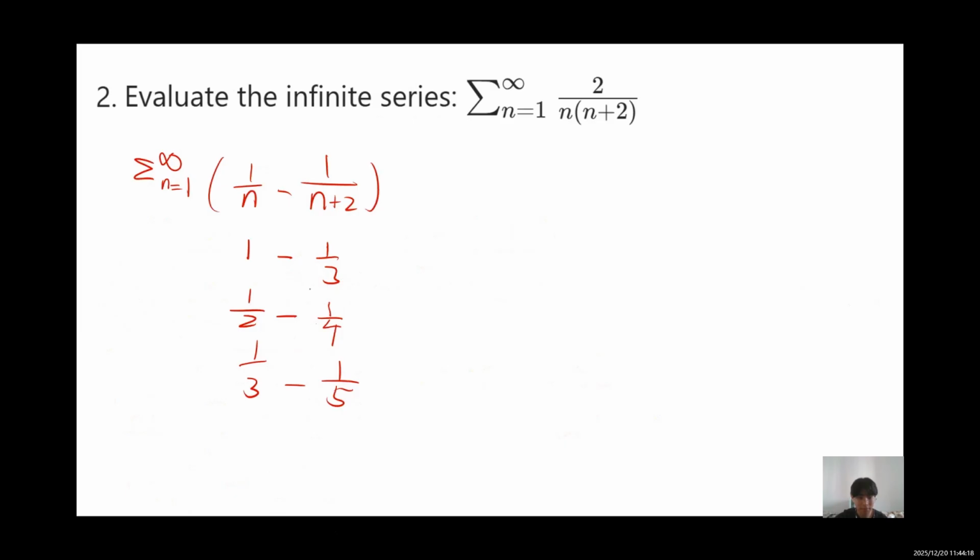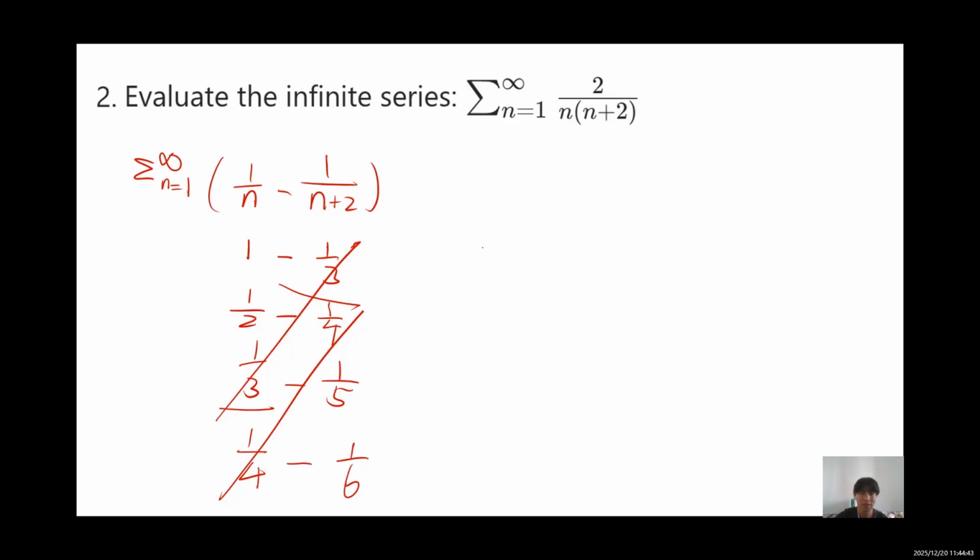Oh, then you can see this one can be cancelled by this one, but we are not sure. So continue. Plugging in 4 is 1 over 4 minus 1 over 6. Oh, this one can be cancelled. So we find the pattern.